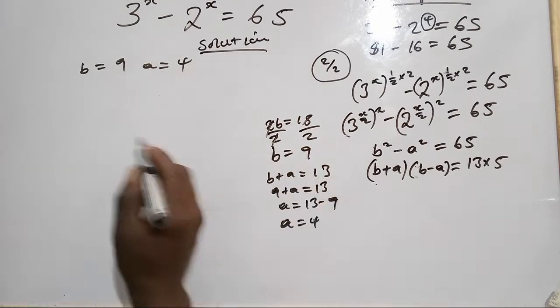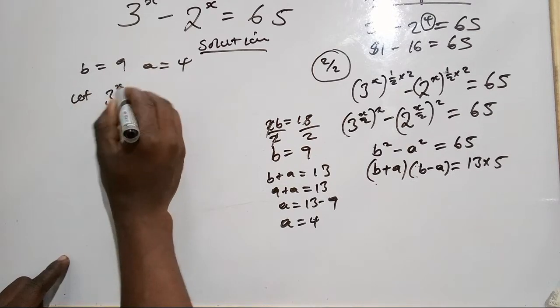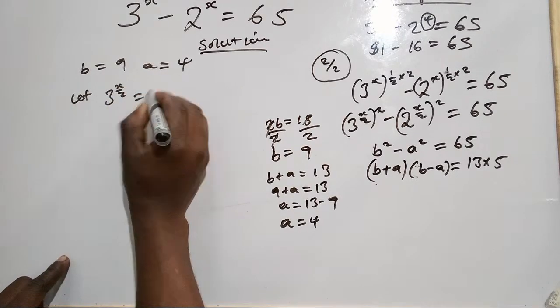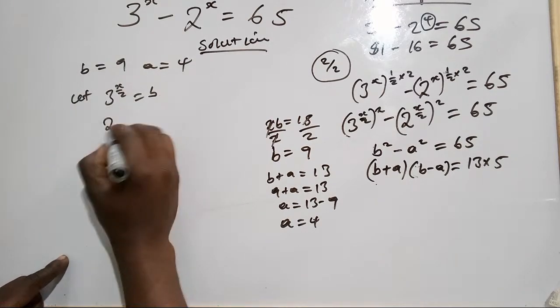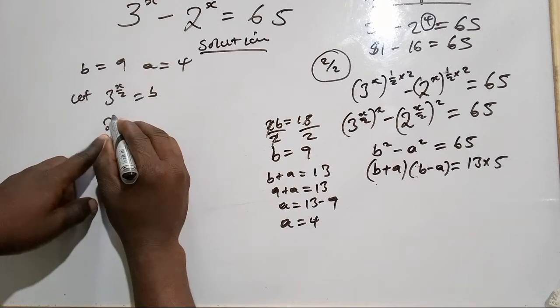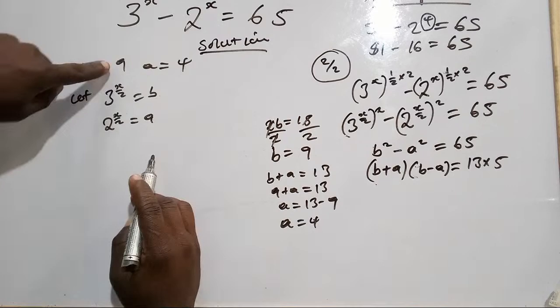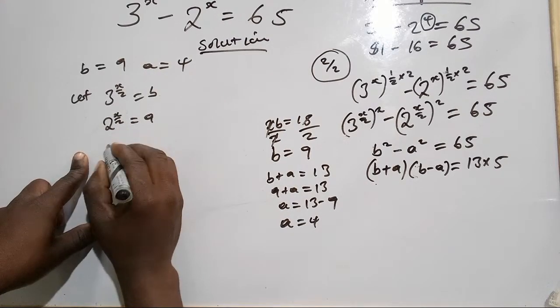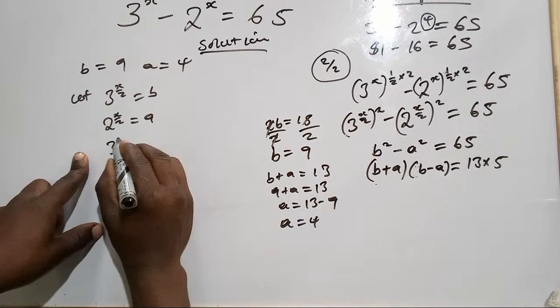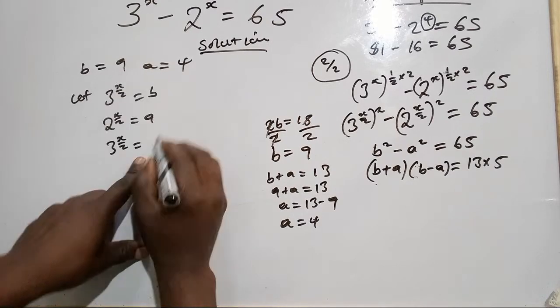Then remember, we said let 3 to the power x over 2 be equal to b, and 2 to the power x over 2 be equal to a. So we have to substitute now. Here we have a 9, right? So 3 to the power x over 2 equals b, which is 9, right?